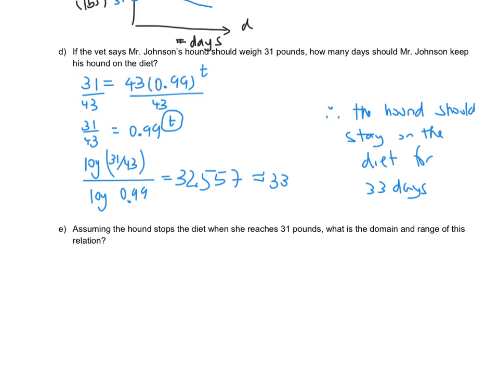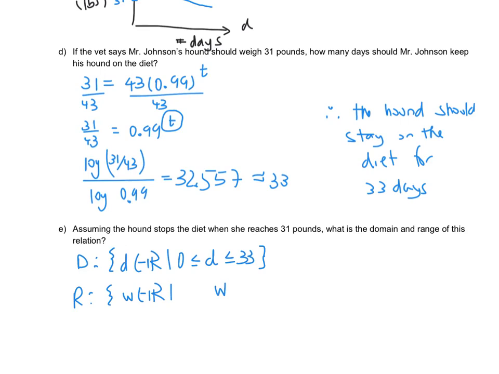And now using this information, let's do our domain and range. So for the domain, we know we are talking about the number of days. So D is an element of all real numbers. We know we can't have negative days, but also we know that the diet stops at day 33. So D is greater than or equal to 0, but less than or equal to 33. And then our range is about the weight. So the weight is an element of all real numbers.